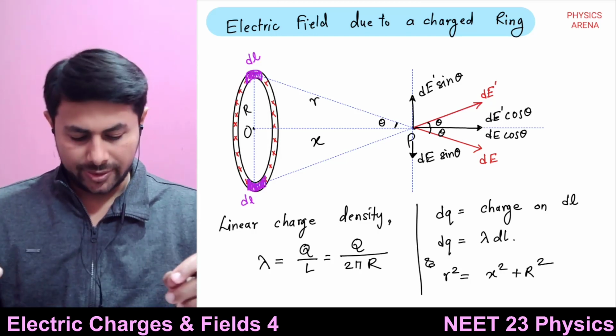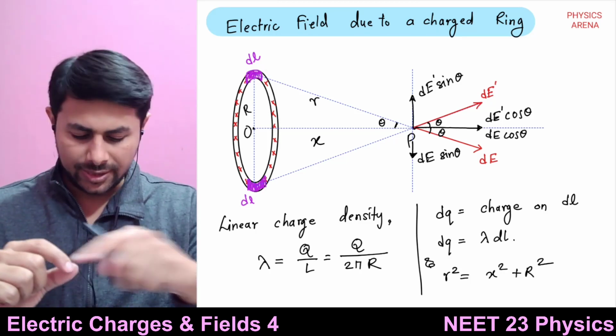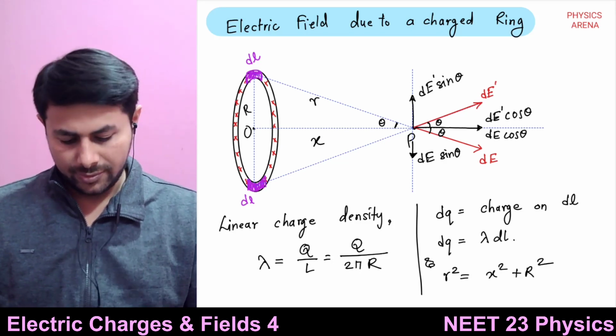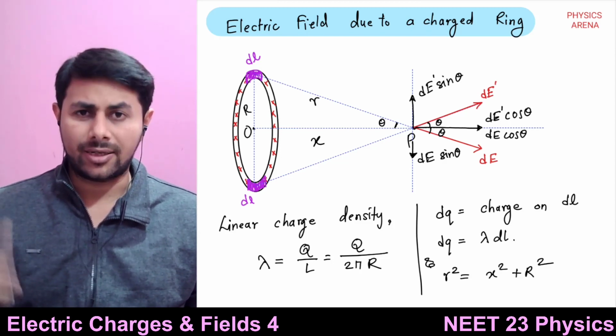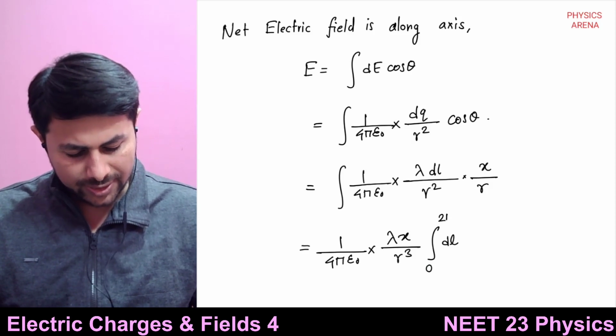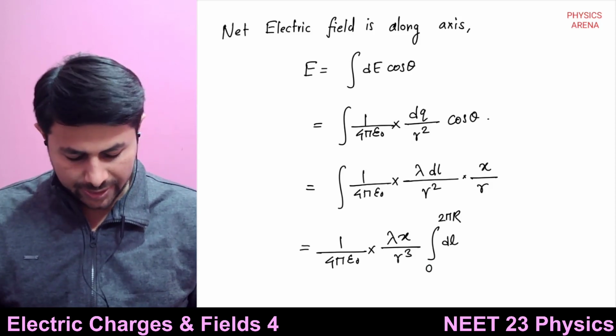The minimum length is 0, and what is the maximum length you can consider on this circle? The maximum length is the length of the circle itself, the circumference. So minimum length is 0, maximum length is 2 pi r, and this is a very simple integral.